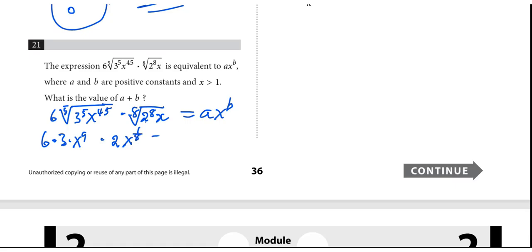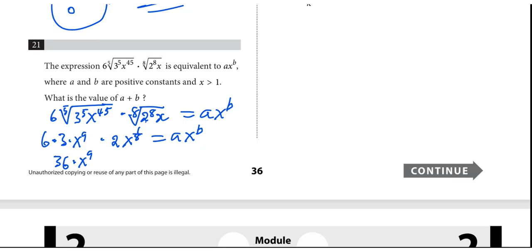So this is equal to a x to the power of b. So 6 times 3 is 18, and 18 times 2 would give us 36, times x to the power of 9 times x to the power of 1/8.